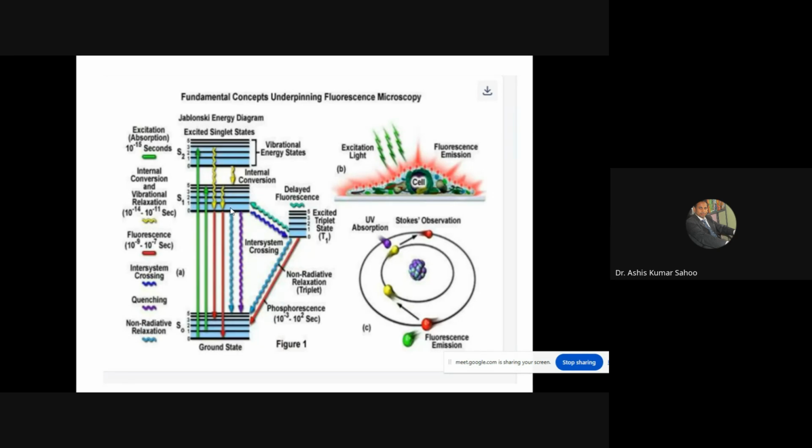These are relaxations from one state to another. Singlet to triplet is intersystem crossing, and this is known as delayed phosphorescence. From the excited triplet state, there is non-radiative relaxation.